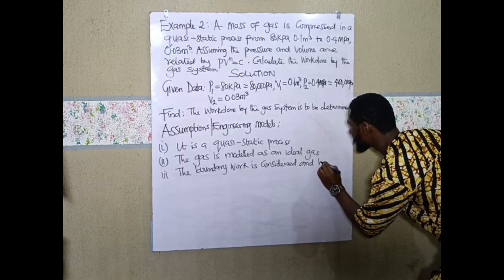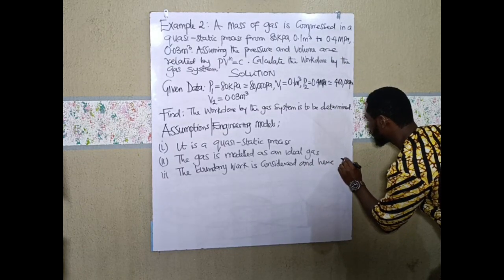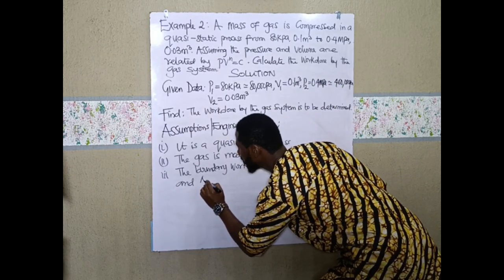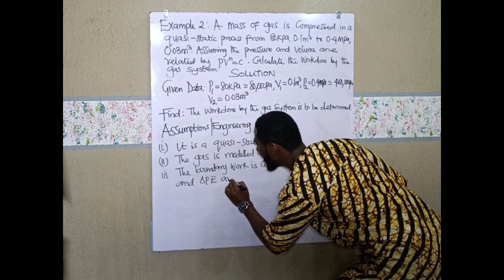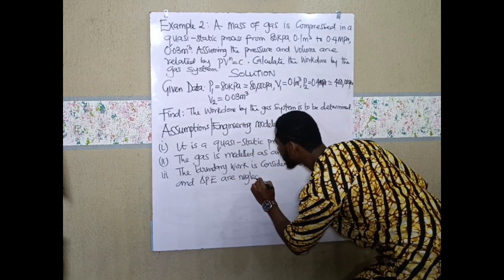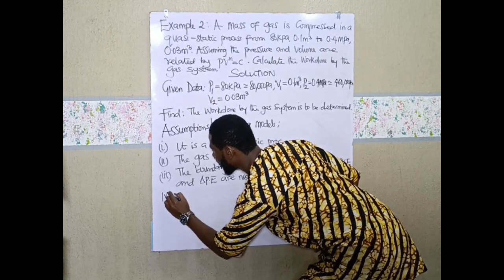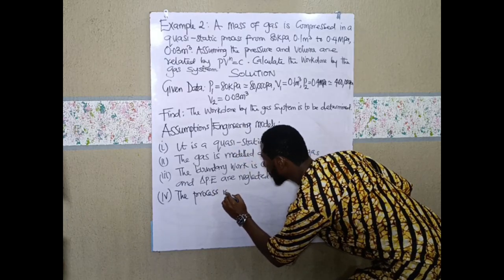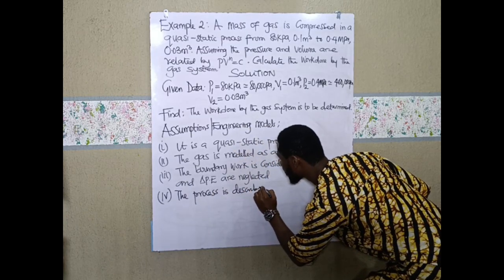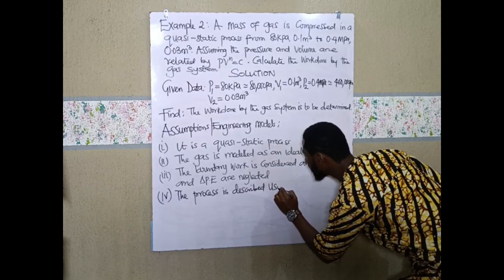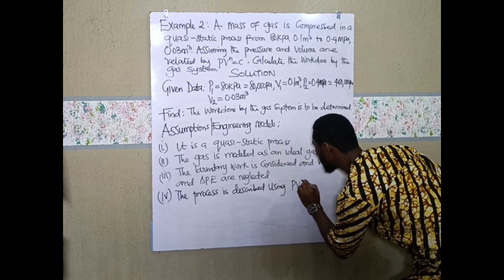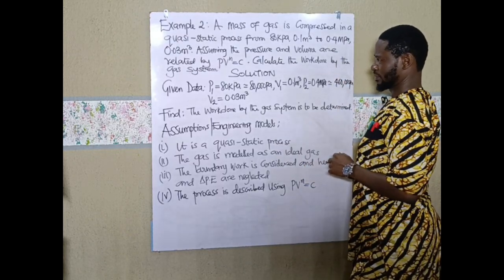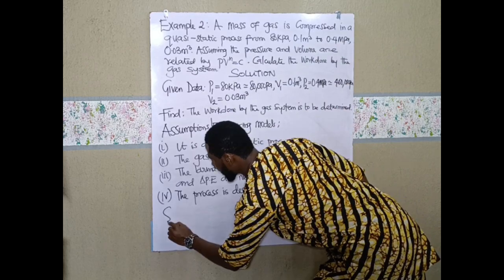And here, the change in kinetic energy and change in potential energy are neglected. Assumption 4. The process is described using PV^n equals C. The next step is schematic.